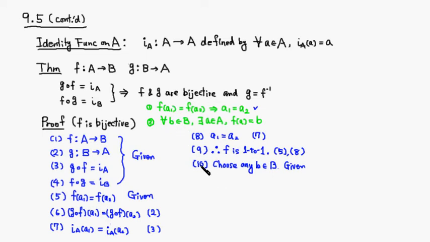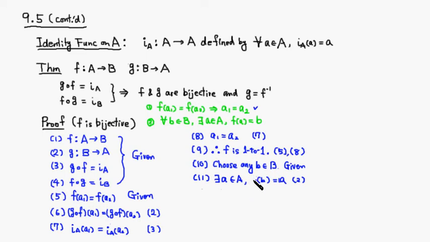Then we can have line 11. Since g is a function from B to A, we know that there exists a unique element a in A such that g of b equals a. I'm just using the fact that g is a function from B to A. Line 12: oops, I wrote f, but here I meant g.